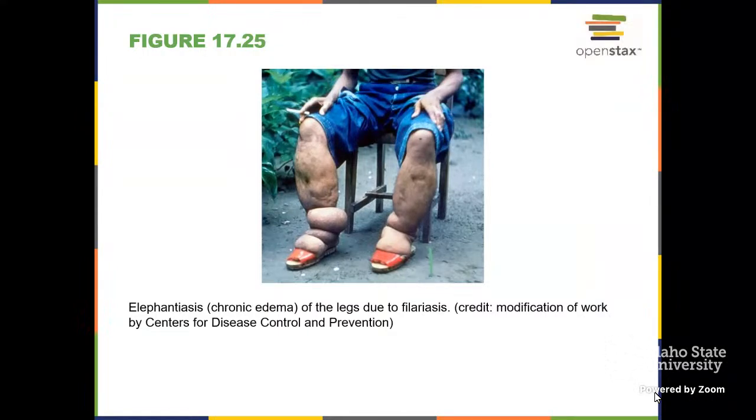And as these worms get in there and cause blockages, the fluid that goes out of your circulation into the tissues, the plasma, becomes interstitial fluid that drains off, makes its way back into the lymphatic system. But with these blockages, it can't drain. And so it just keeps accumulating, and you get this massive swelling, all right? Lymphatic filariasis is the chronic edema, all right?